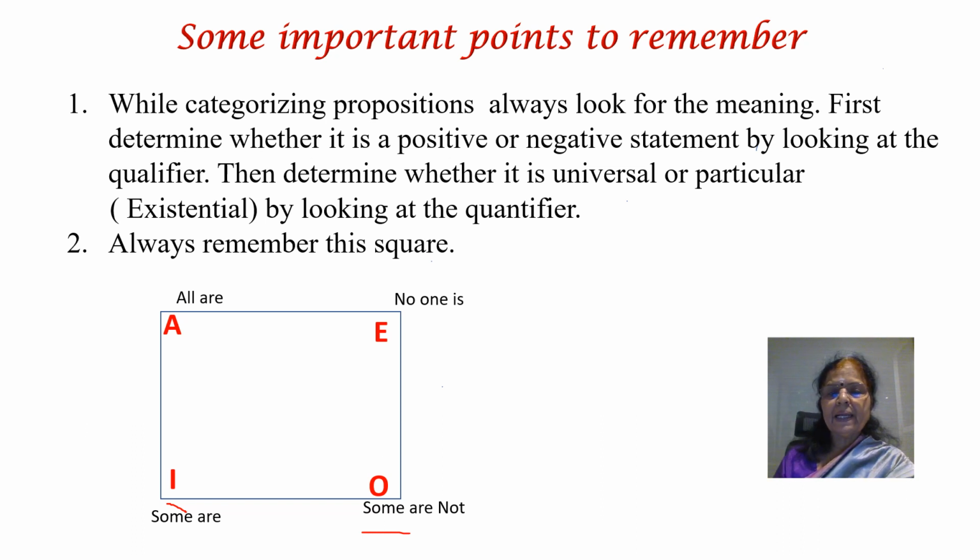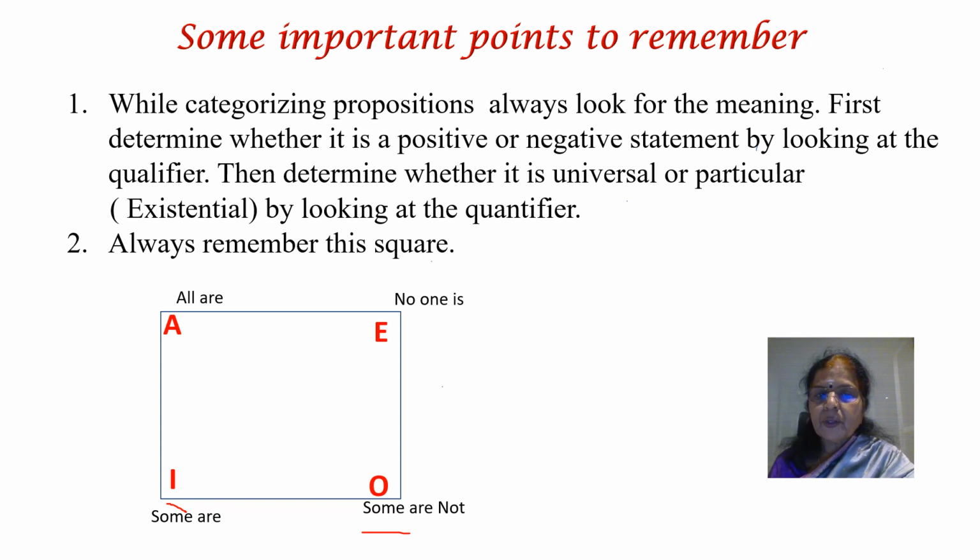For example, A type statements will have the quantifier as all, any, each and every. And even if they say it without all, students are clever. If they just give, students are clever, what is the quantifier here? You should take it as all students. Okay? If they just give, students are clever. Boys are clever.